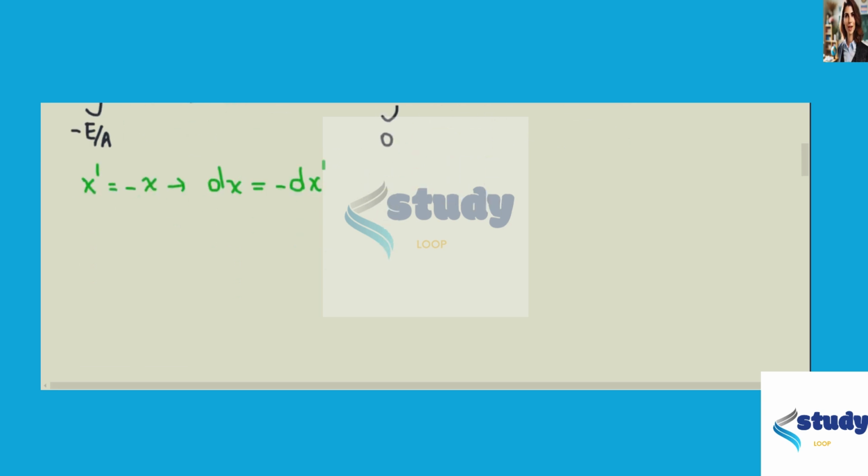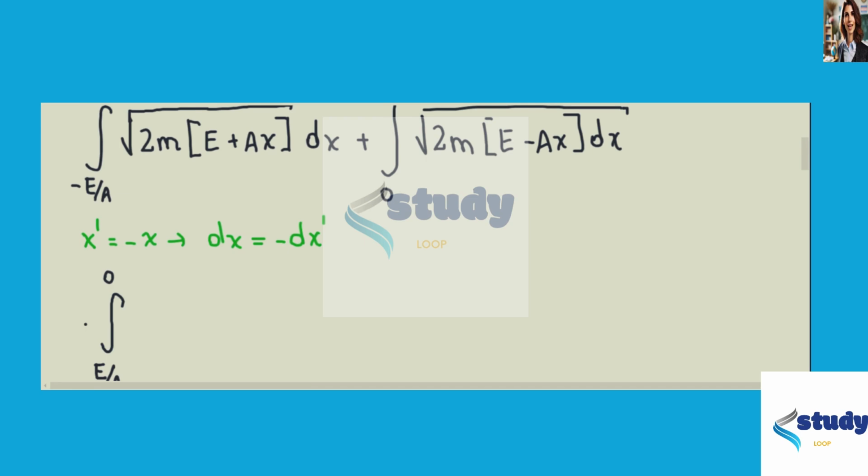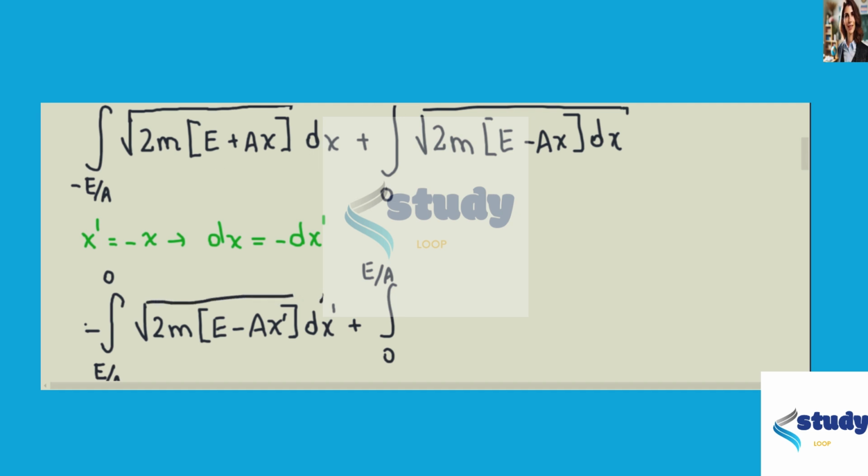So the first integral becomes the integral from E over A to 0 of the square root of 2m times E minus Ax prime, times minus dx prime, plus the integral from 0 to E over A of the square root of 2m times E minus Ax, dx.